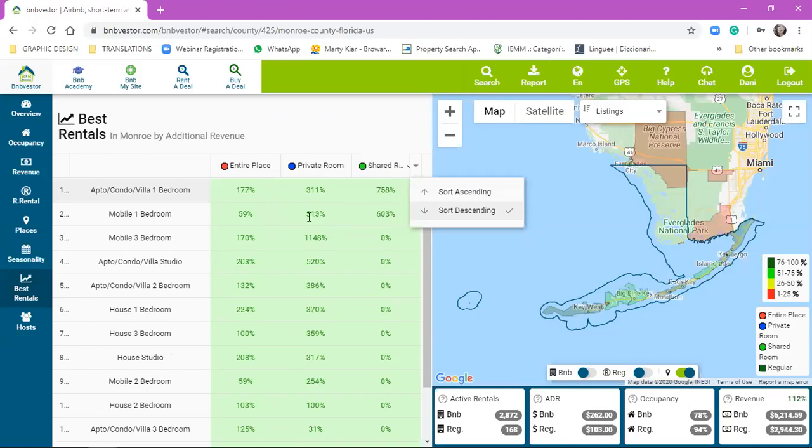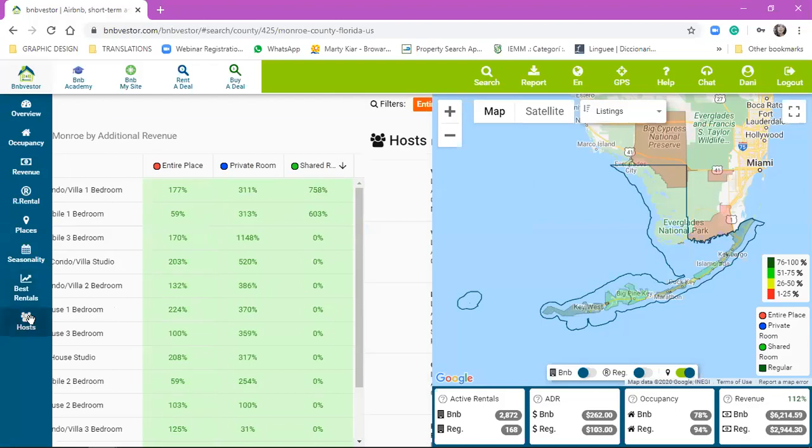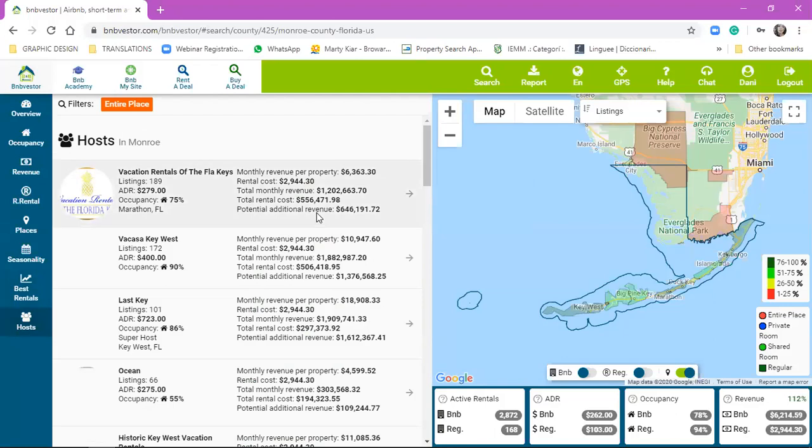So you can see the properties and rooms that will be giving you the highest potential additional revenue, divided by properties and bedrooms. And then the most important part, host. The host part is going to give you real approximate numbers of actual hosts that have business in the area that we have highlighted, which is, in this case, Monroe.